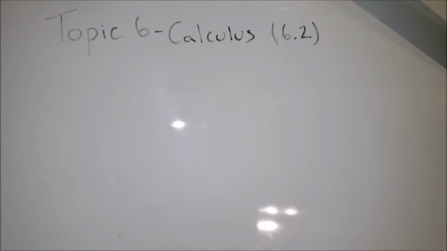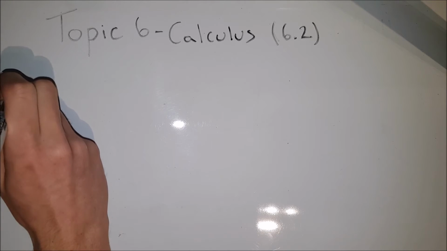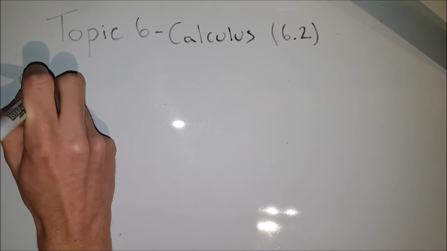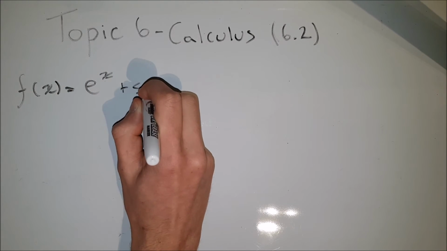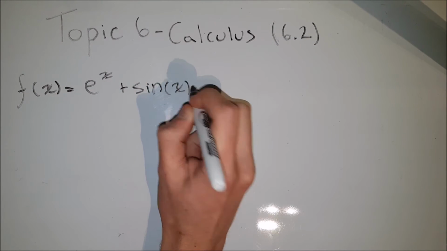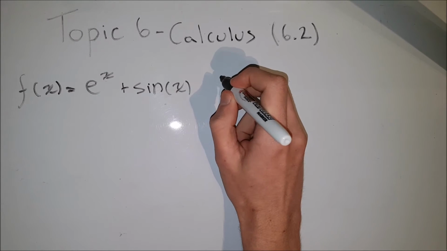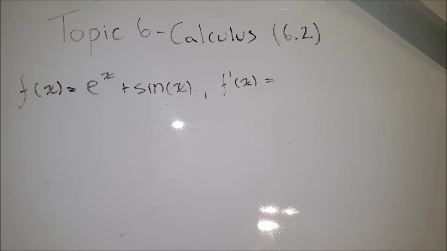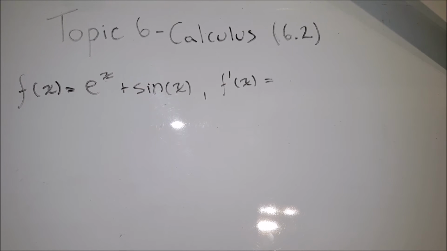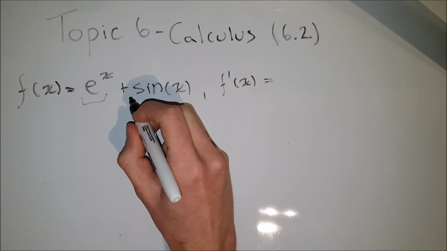Now another couple of things we need to know is, first of all, the addition rule. So let's say we have a function f of x which is equal to e to the x plus sine of x. If we want to take the derivative of this function, of the addition of basically two terms, this is a term and this is a term.